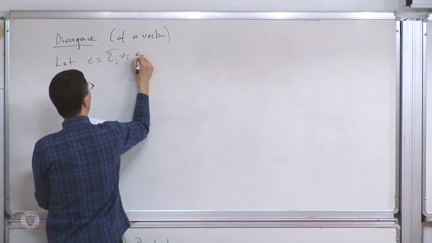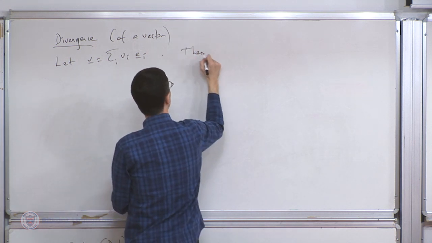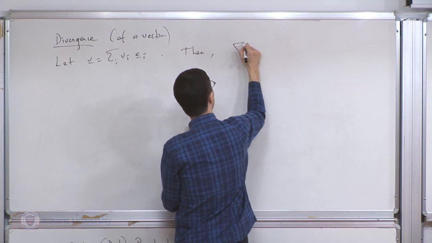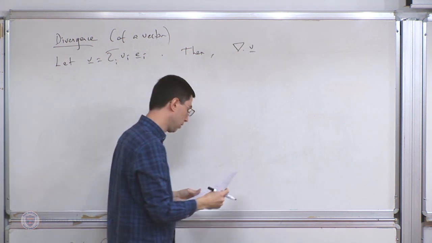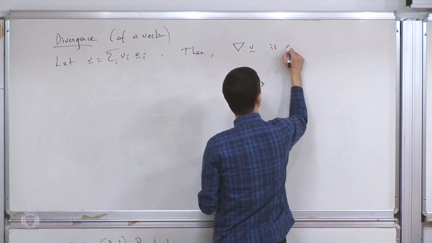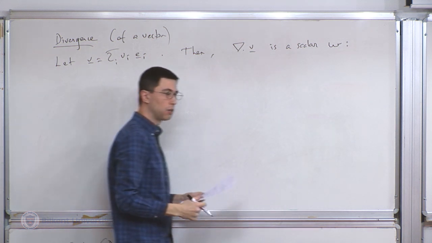So I have v_i e_i. That's the vector. Then the divergence, and I will indicate it as such. So it's almost like a gradient with a dot in between. That's a scalar. And let's call that scalar omega.